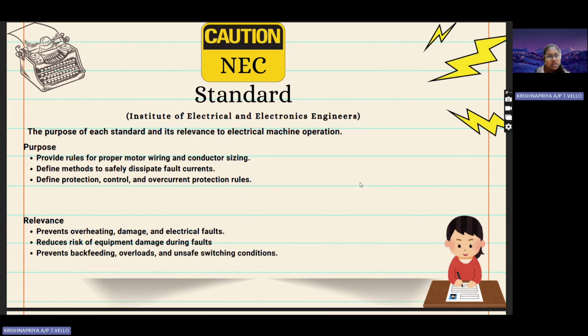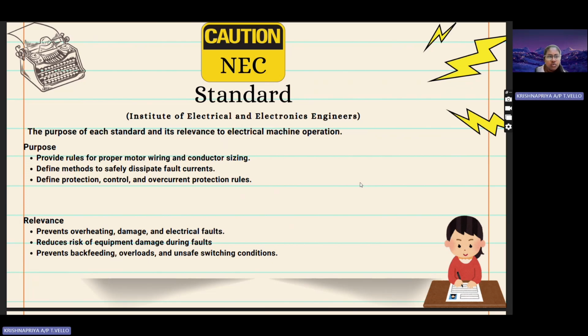It provides rules for proper motor wiring and conductor sizing, and it is relevant to prevent overheating, damage, and electrical fault. After that, the second one is NEC Article 250.